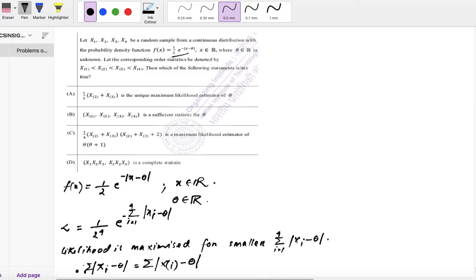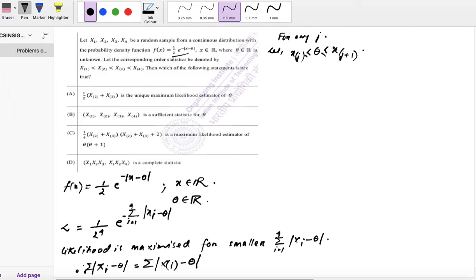Let's consider an interval for theta. For any j, let xj and x j plus 1 be the endpoints. Let us assume that theta lies within this range.